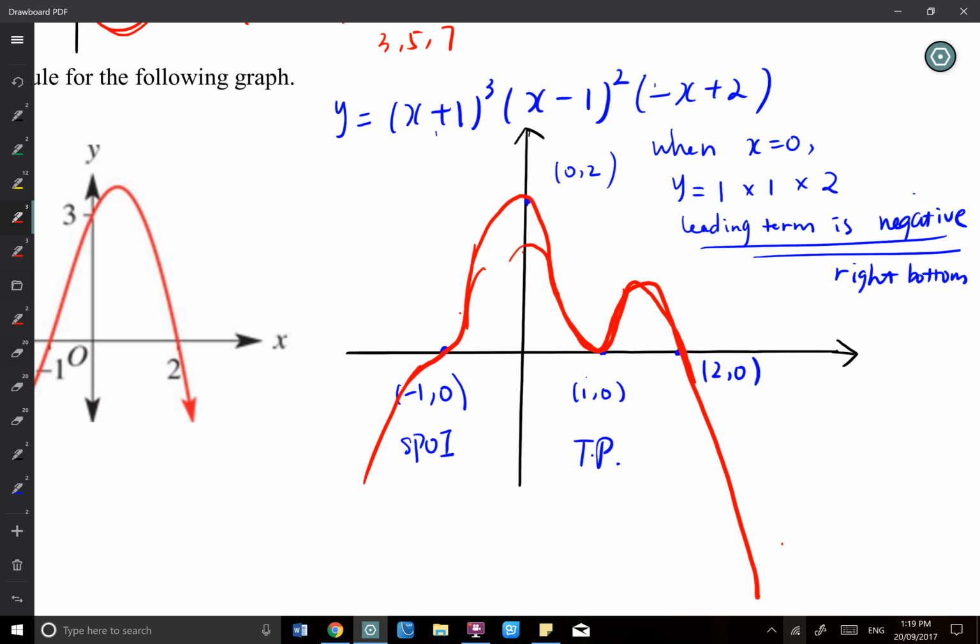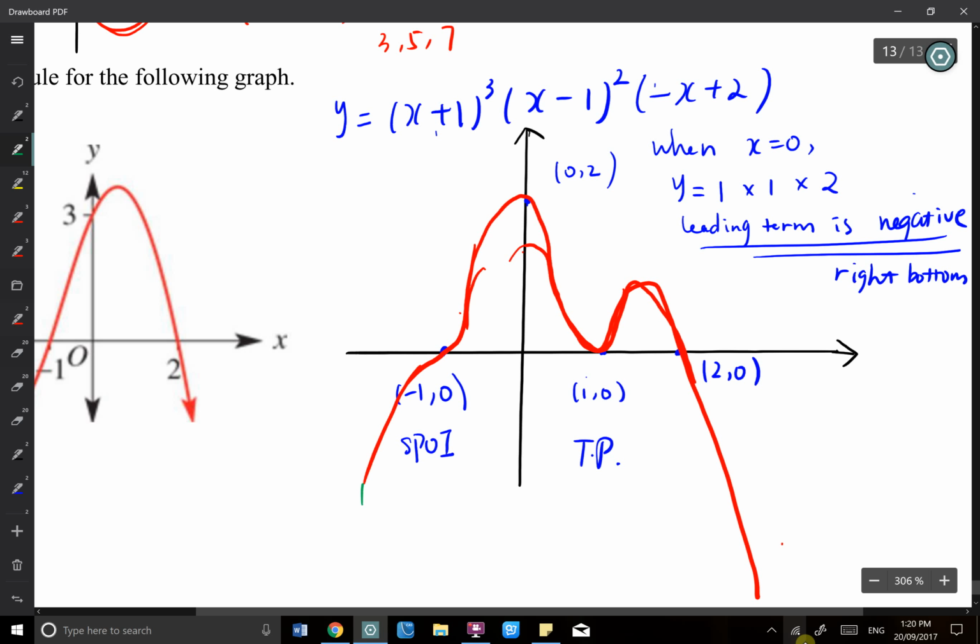My graph is definitely not smooth. You're definitely not going to have it like that because it's so hairy, and you will lose marks. You need a smooth graph, so draw a rough shape first, and then use a pencil or pen to refine it. That's the rough shape.